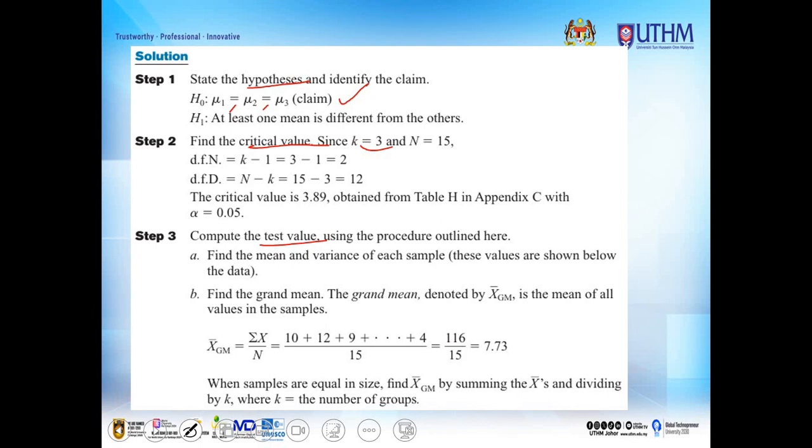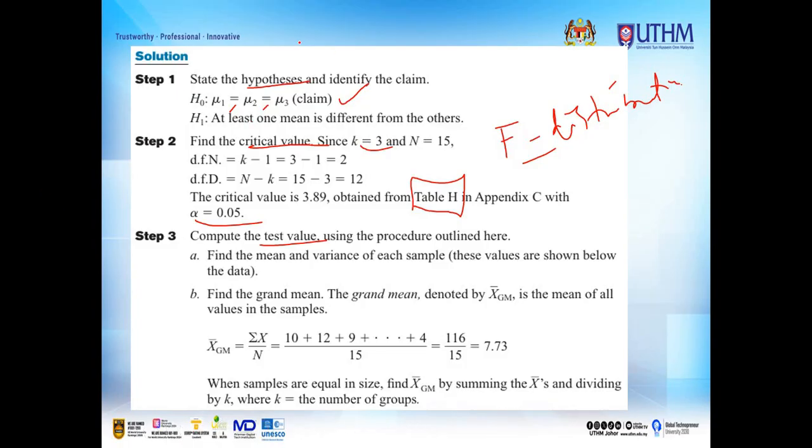So we can identify this critical value from the table. In the exam, they won't give it as table H. Instead, they will let you know that it's an F distribution table. Remember this, F distribution table, because it's an F test, with alpha of 0.05.